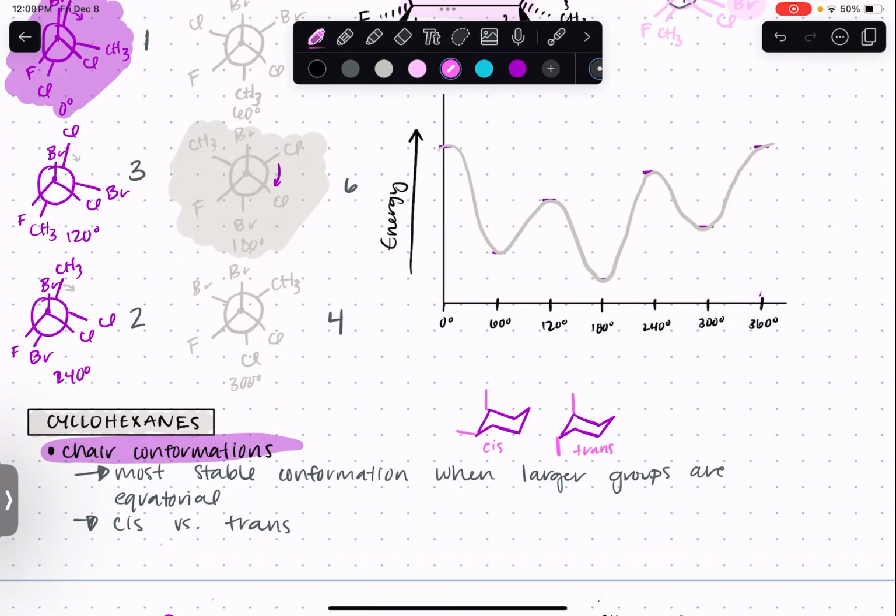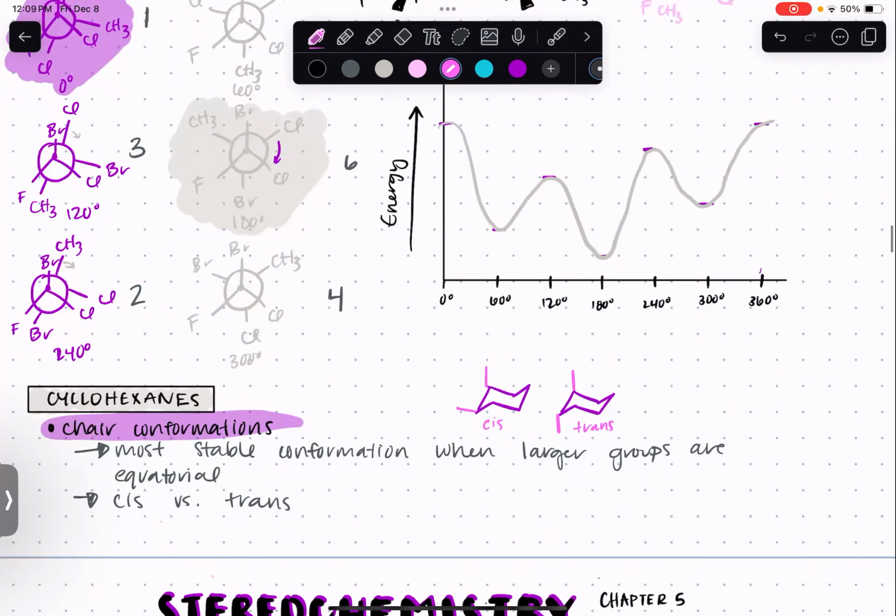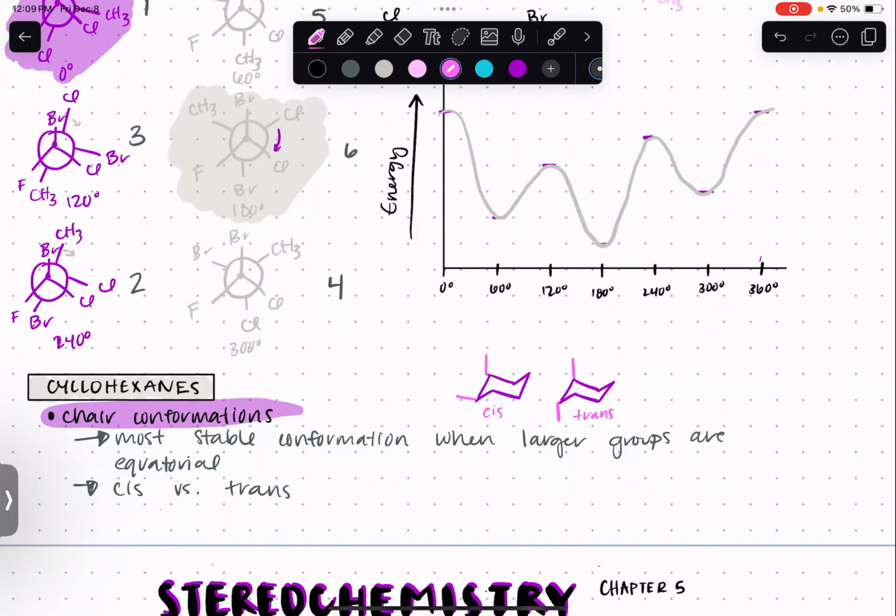So not necessarily just because we can have things that are cis like this where one's equatorial and one's axial, but we can also have it where it's like this, where we have one going up, this one also going up.